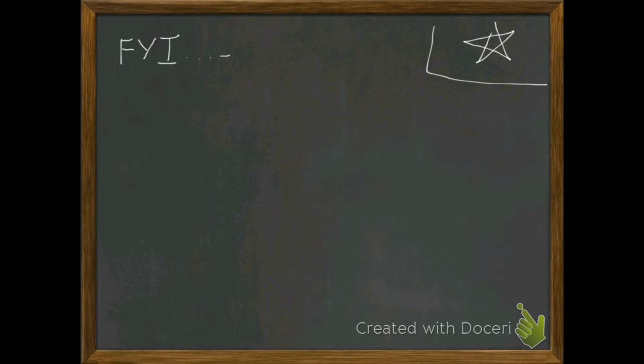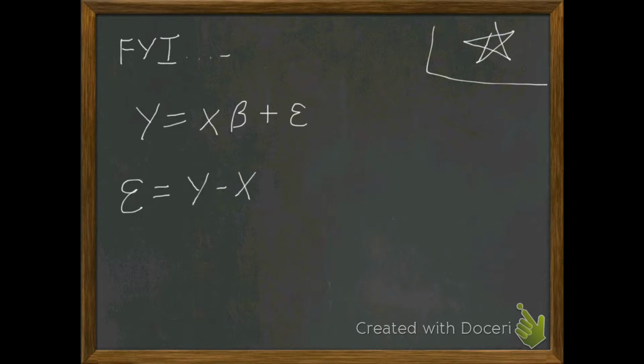This is big time stuff. So what we need to do first of all is, let's see again that we have y equals X beta plus our error term, and we can clearly solve this for E by going y minus X times beta.